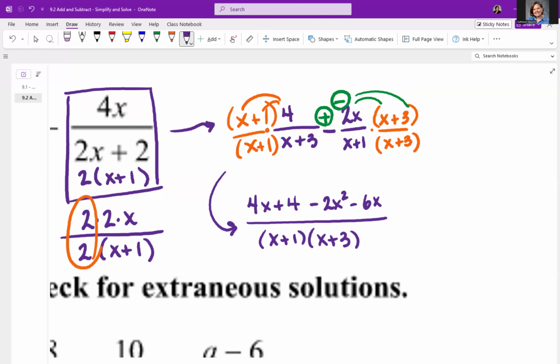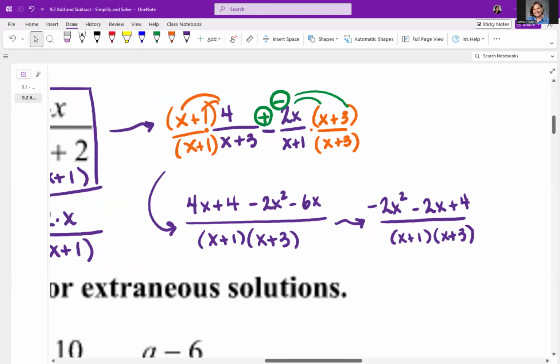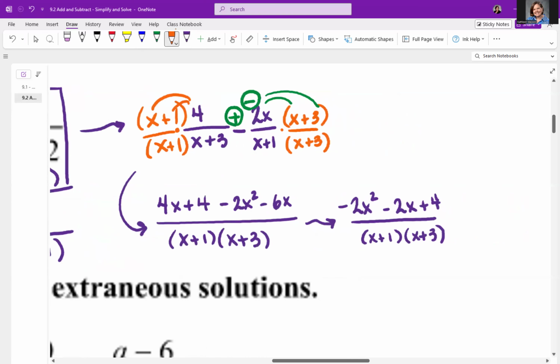There are 2 x terms, so I can rewrite this as negative 2x squared minus 2x plus 4 over x plus 1 times x plus 3. The excluded values for this simplified expression are -1 and -3.